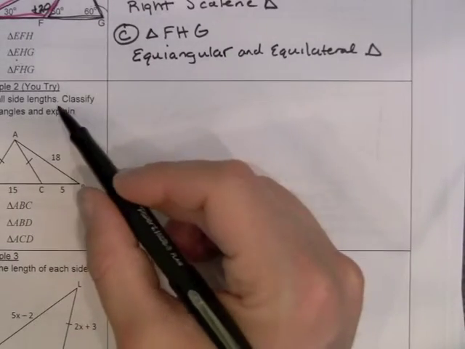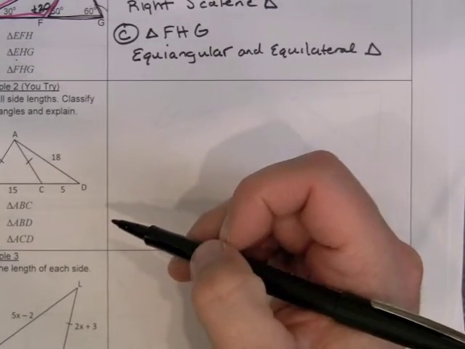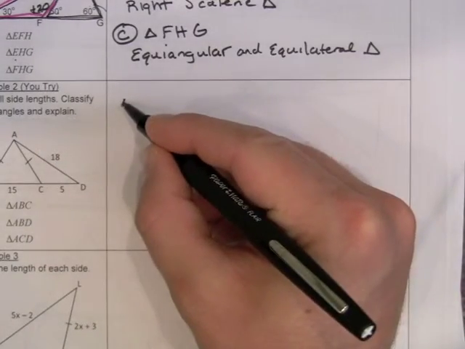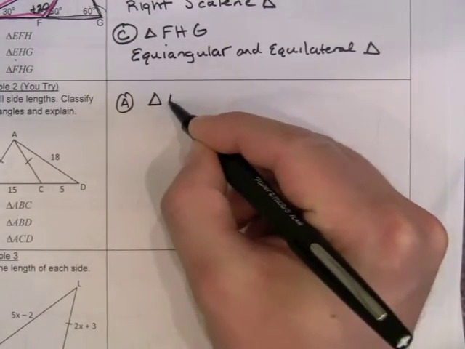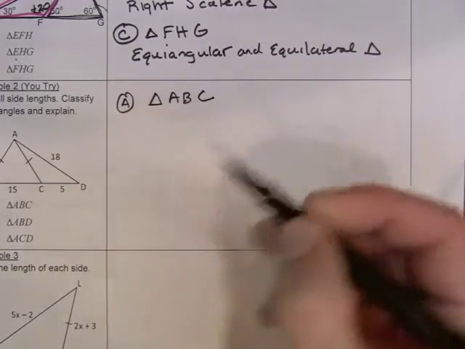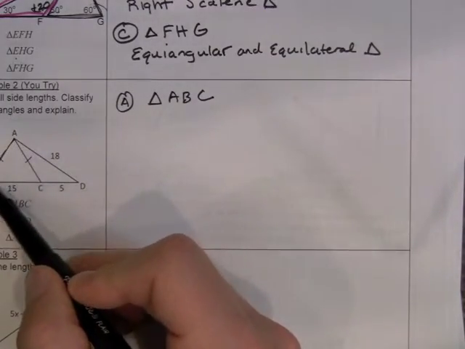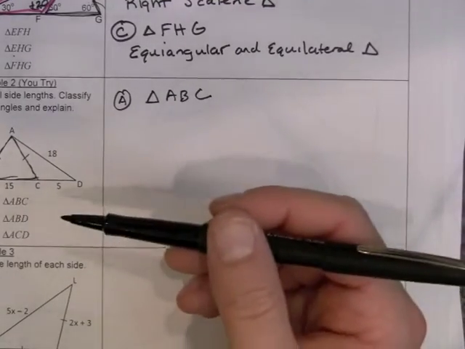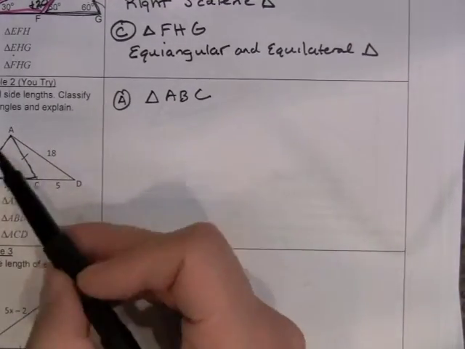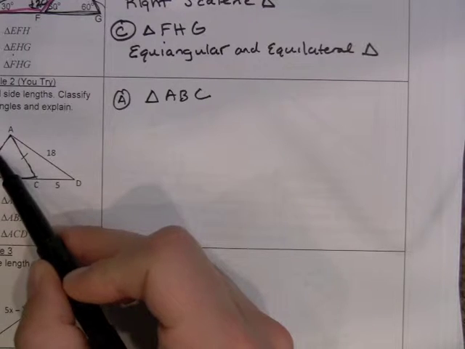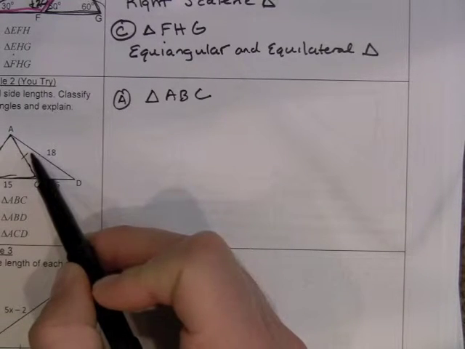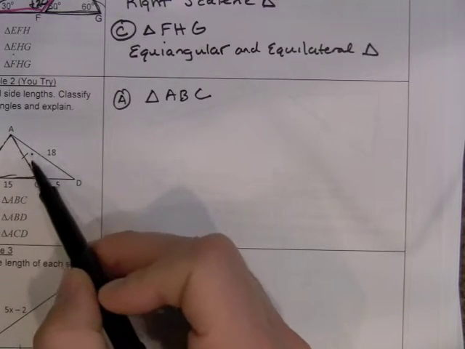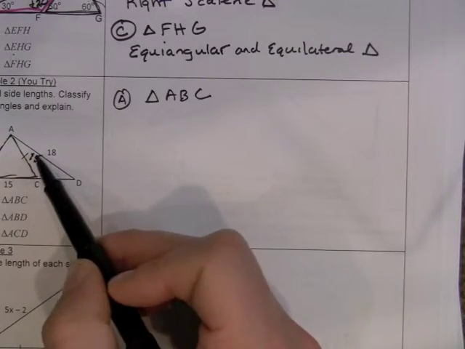Okay, so let's go over example 2. So in example 2, I want to find triangle ABC. Didn't classify that triangle there. But here is ABC. Now, you should notice a few things. Well, first of all, if this is 15 and these have slash marks through it, that means side AC measures 15.